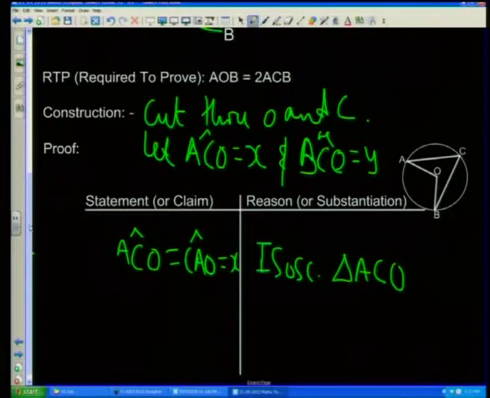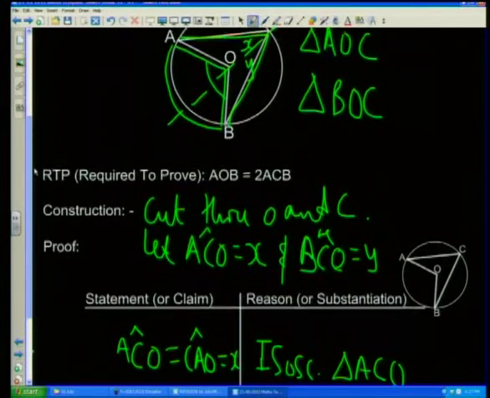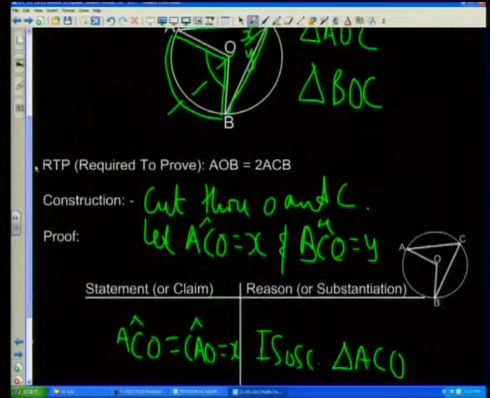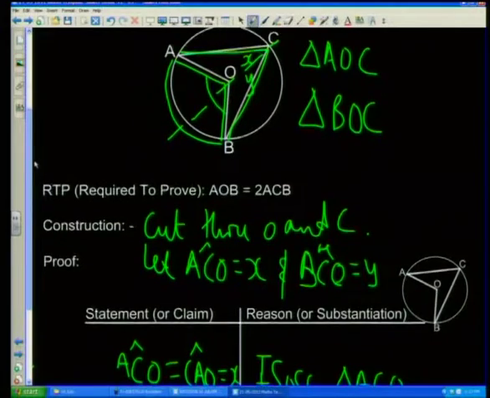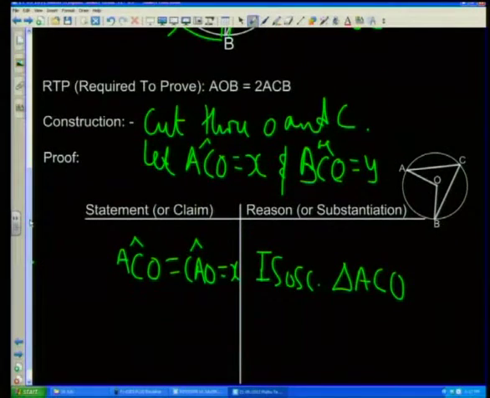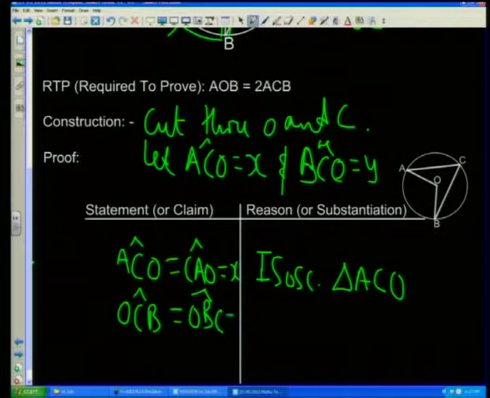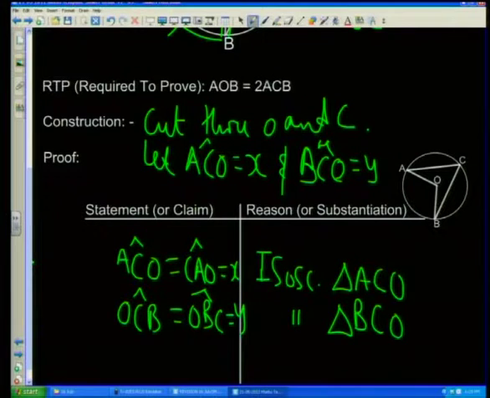Right? That's just one. If I go to the other triangle, before I get to that, angle OBC equals angle OCB, and they are both equal to Y. The reason is the same, it's an isosceles triangle BCO.